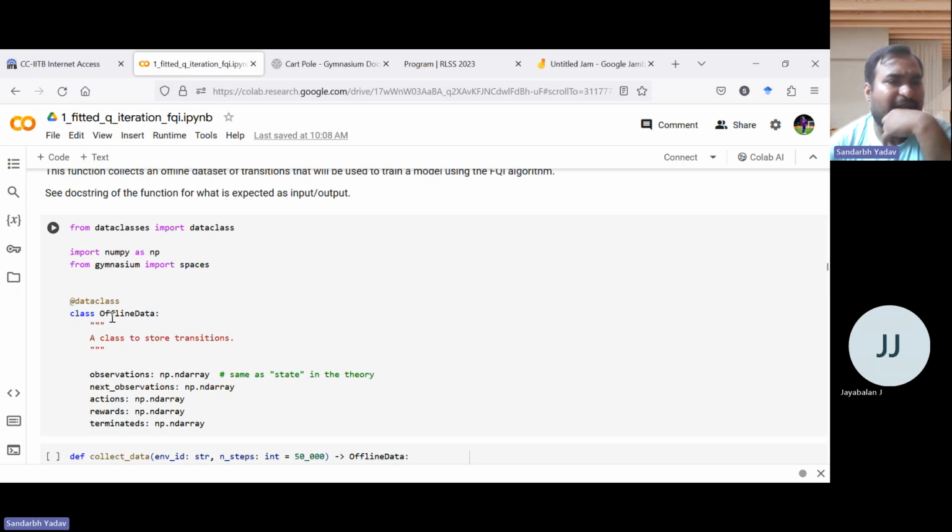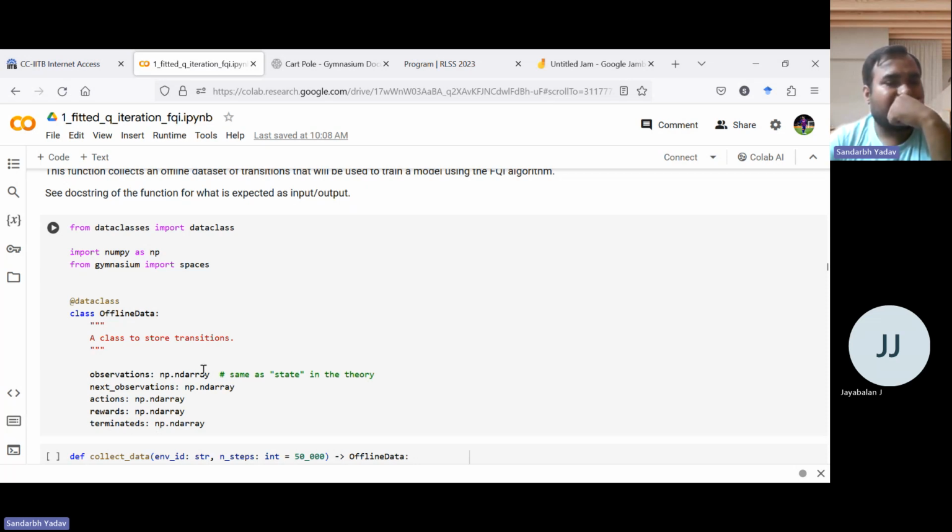So they have defined one class of offline data, and it contains some arrays: observations, basically state. These are the states, these are the next set of states, these are the actions, and these are the rewards. And also there is one more array which contains information of whether the episode has terminated or not.